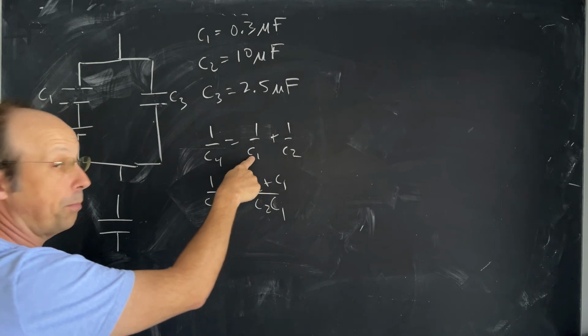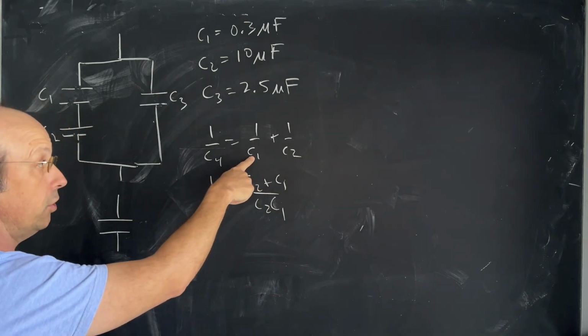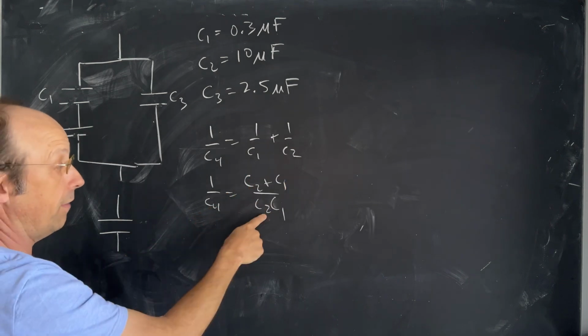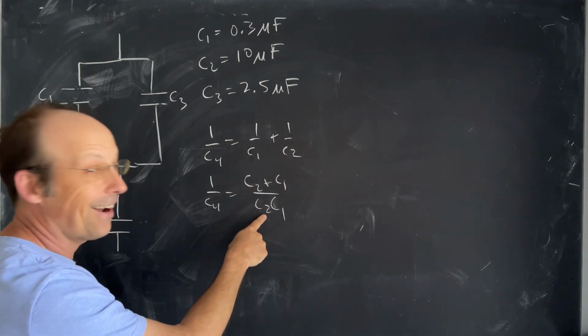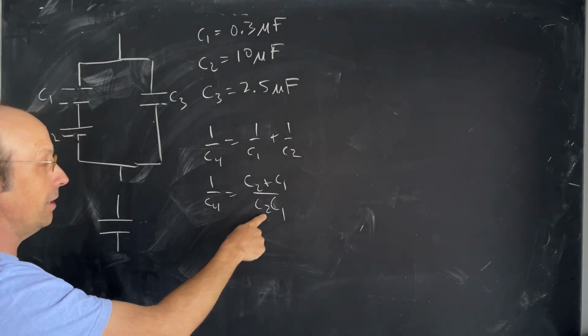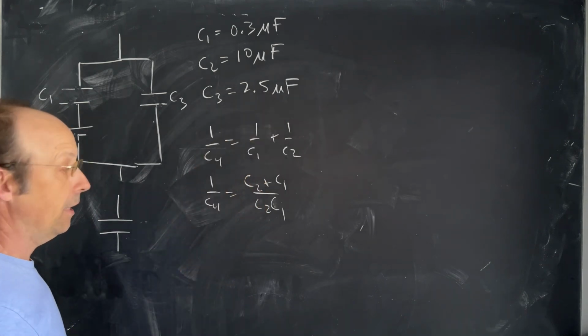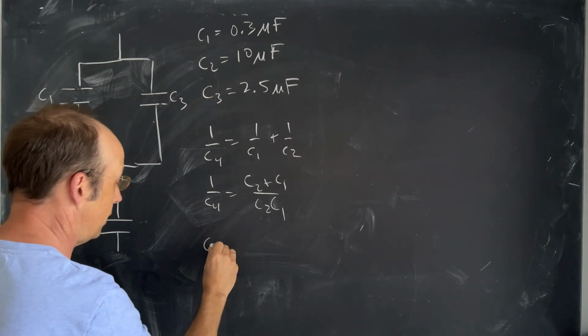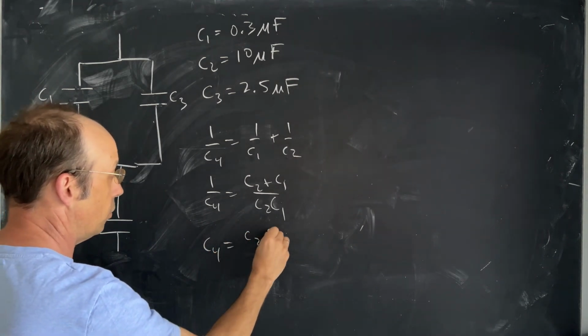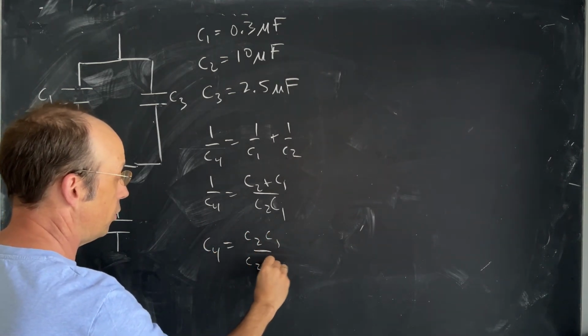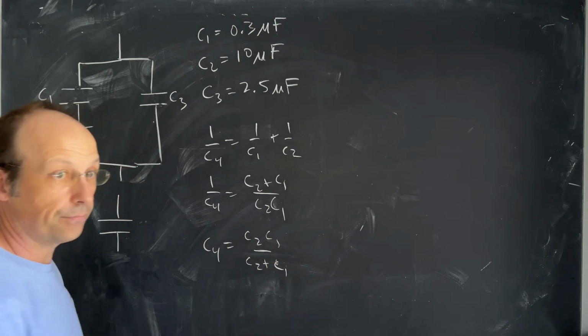Because if I multiply this by C2 over C2 and that by C1 over C1, they have a common denominator, C1 C2, and then I can add the tops. Then I can take the inverse and I get C4 equals C2 C1 over (C2 plus C1).